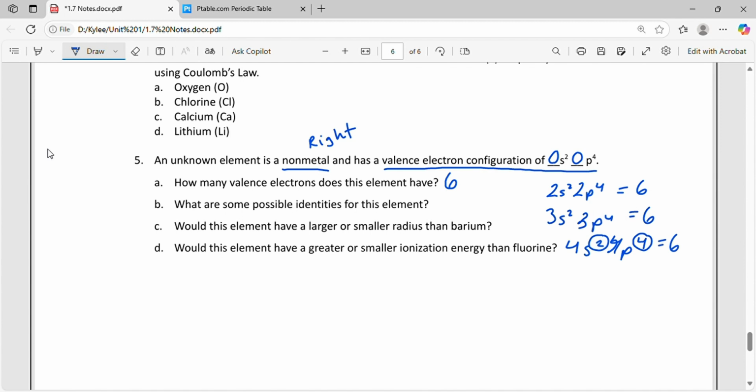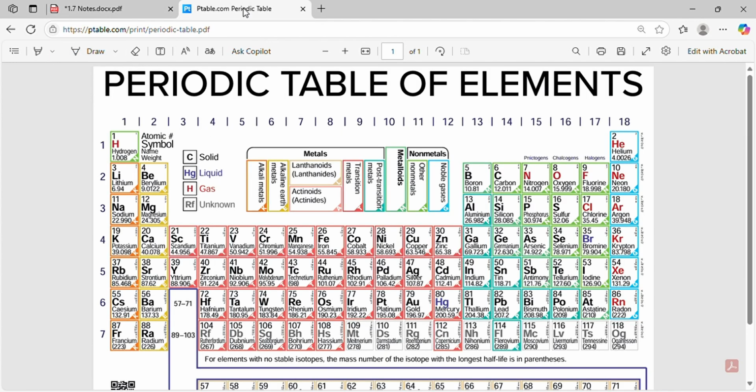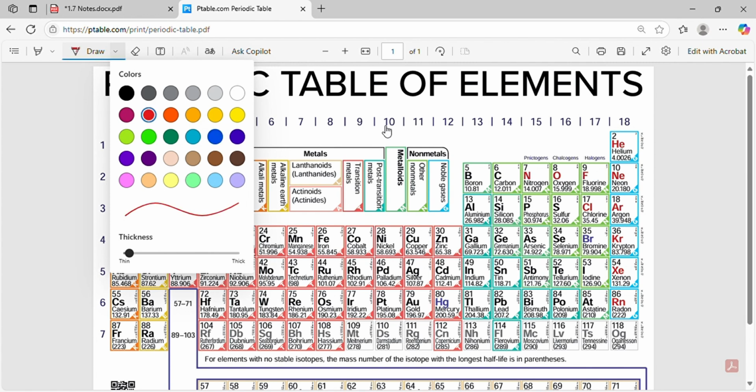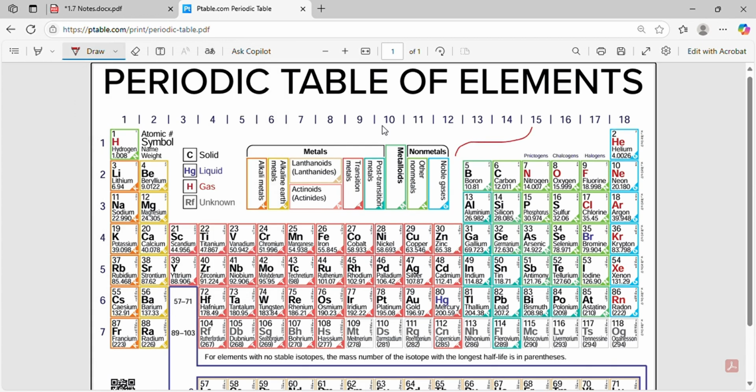Now, what are some possible identities for this element? We can also use the electron configuration to help us there as well. So if I click over to my periodic table, and I know now how the periodic table is organized as far as the arrangement of the electrons. Remember, this section over here is my p block, and boron's column would all end in p1.